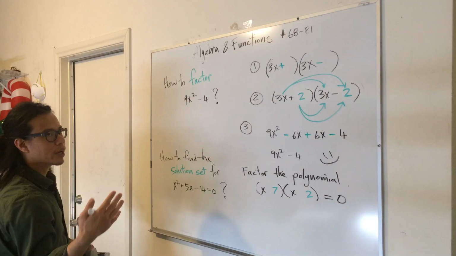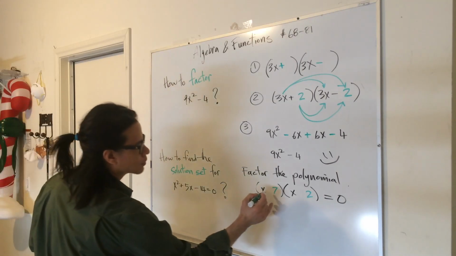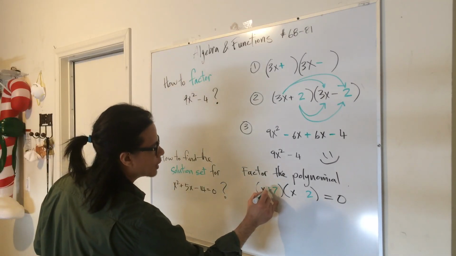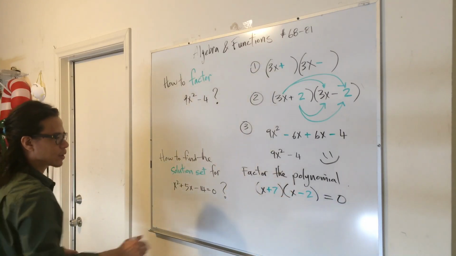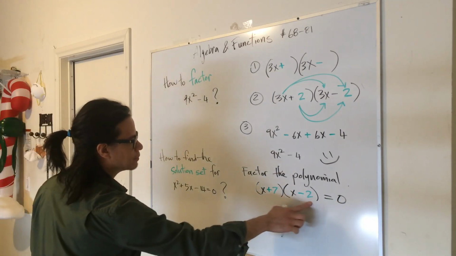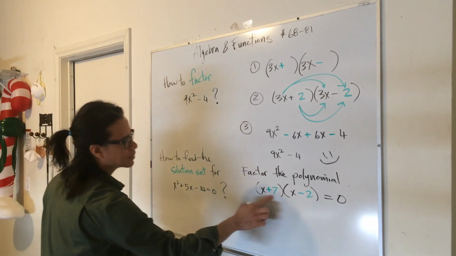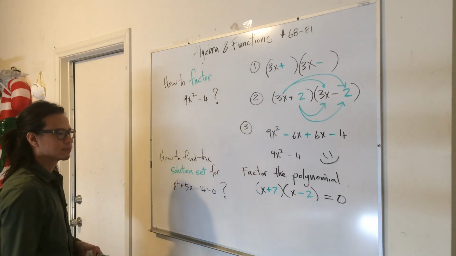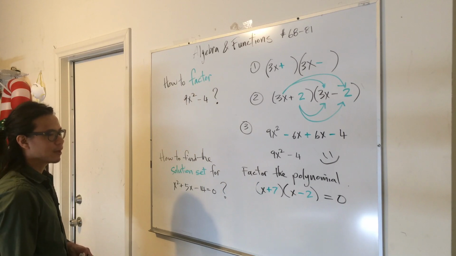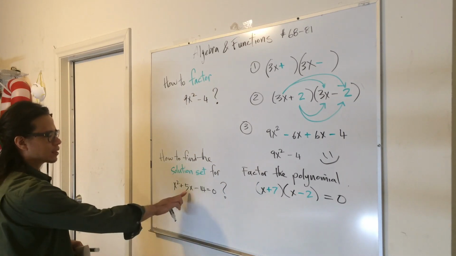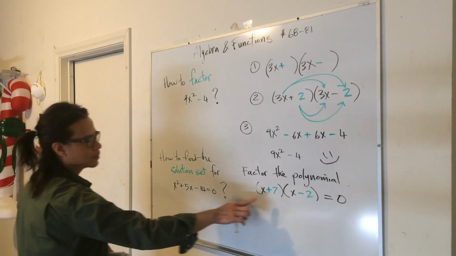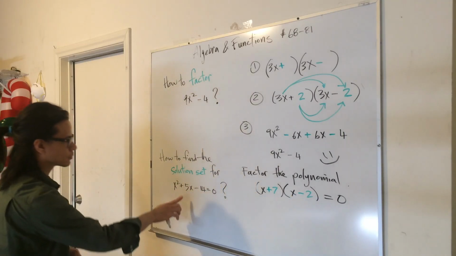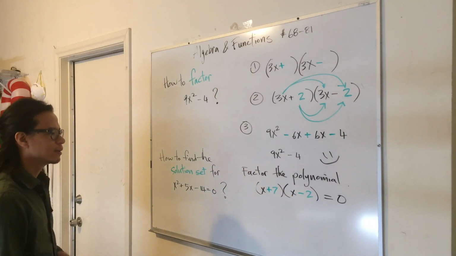So the only way you can get that is by one of these being plus and the other one being minus. Here 7 times 2 is 14. Positive times negative is negative. Okay, let's check to see if they add up to get positive 5. 7 minus 2 is positive 5.